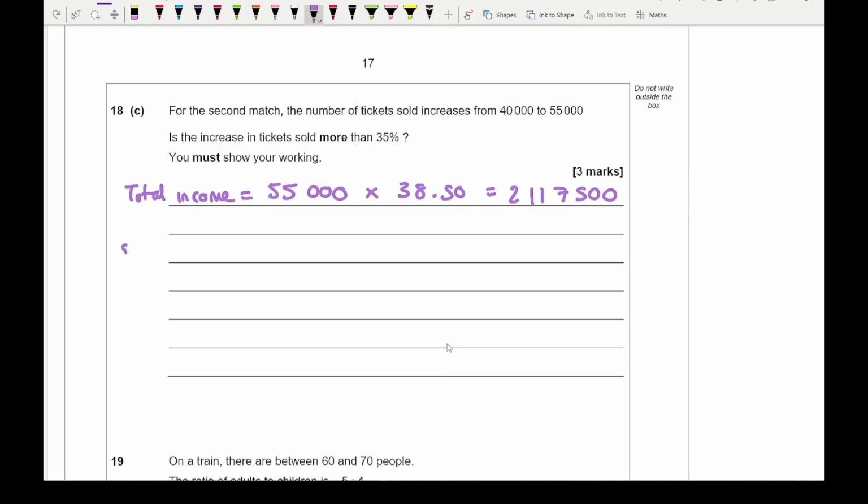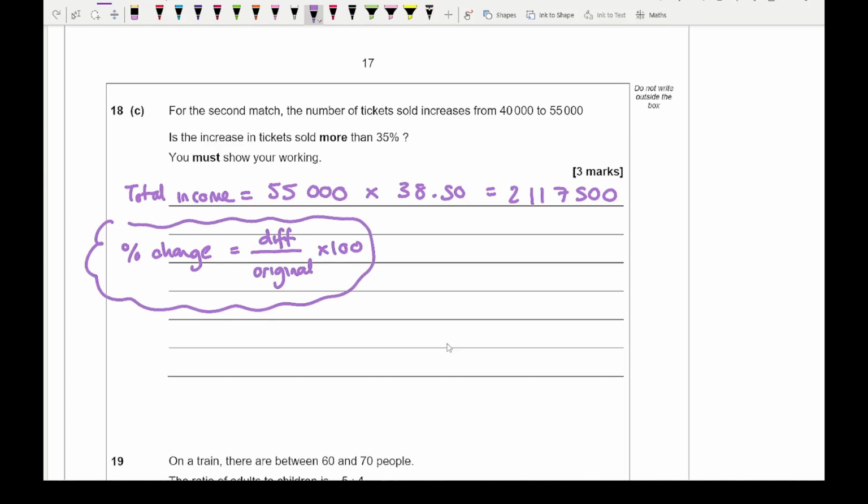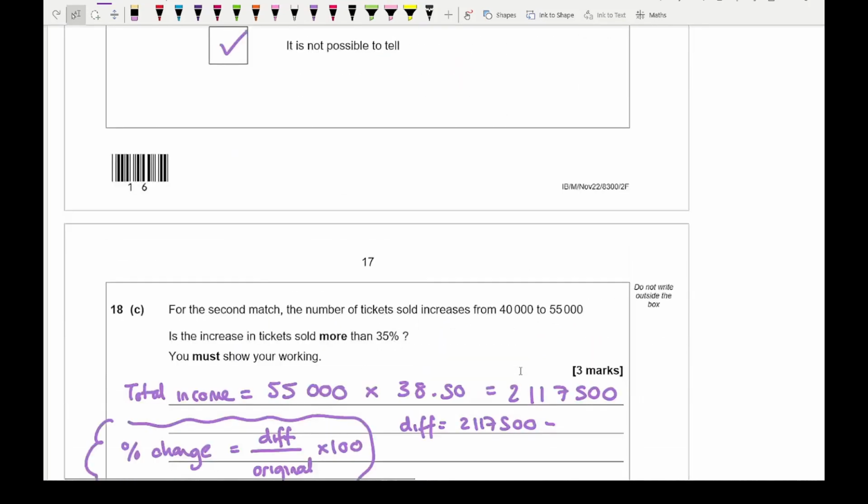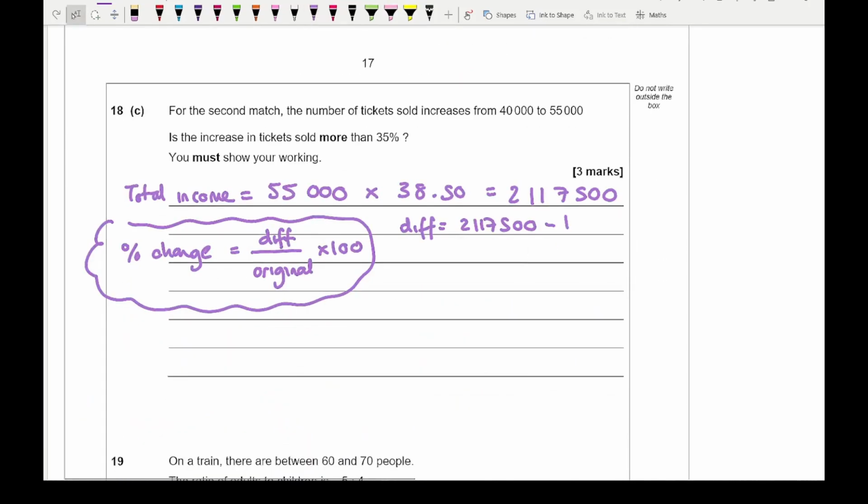Now what we want to do is just work out the percentage of how much more that is. To work out the percentage change, the formula we use is the difference divided by the original, multiplied by 100. So the difference is 2117500 minus 154 with 4 zeros.